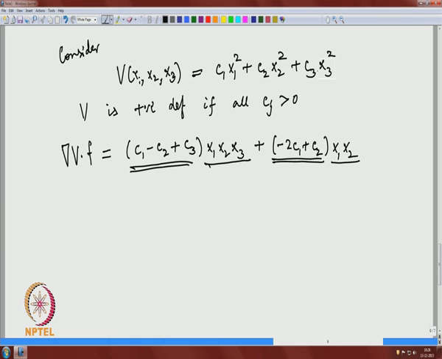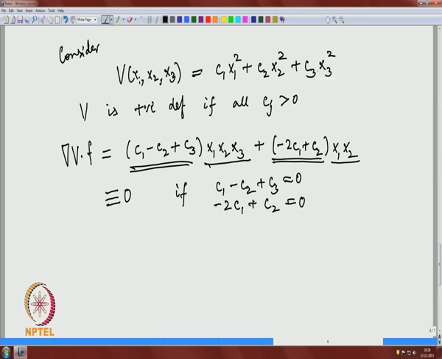Okay. So, since it involves these products of x1 x2 x3, the easiest thing is to make this identically 0. That can happen only if C1 minus C2 plus C3 is 0 and minus 2 C1 plus C2 is 0. Remember, C1, C2, C3 are at our disposal.